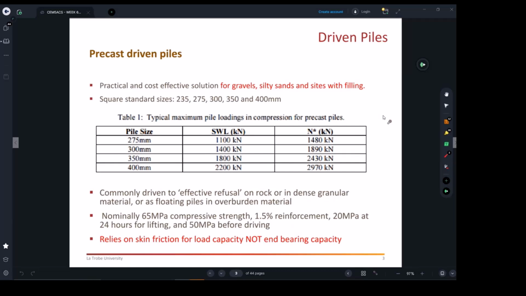So starting with the first construction method for building piles, we've got the precast driven piles. Now, one thing I want to mention with these precast driven piles is they won't be forming a retention system.